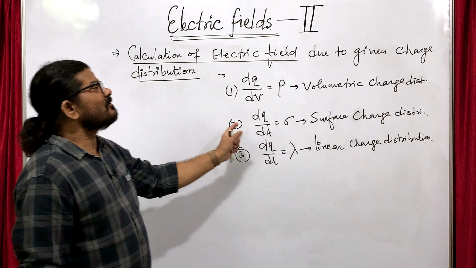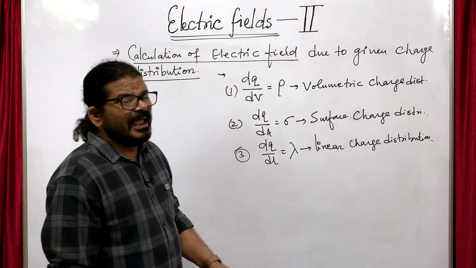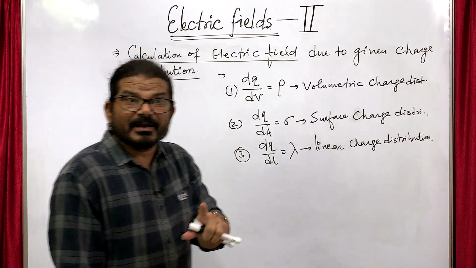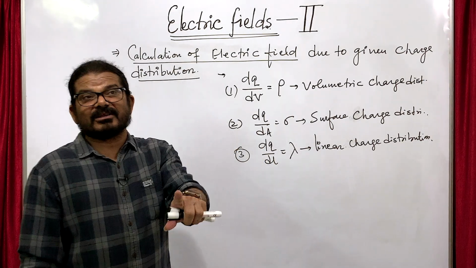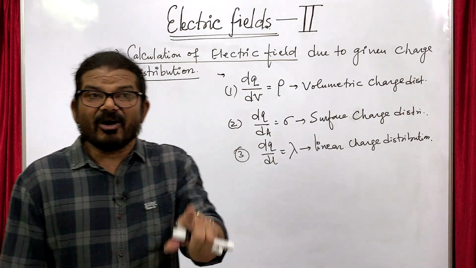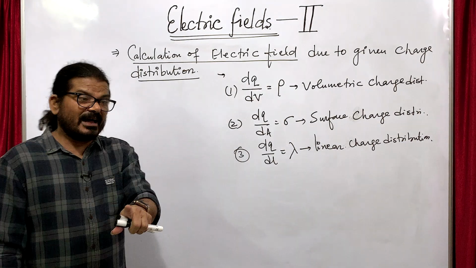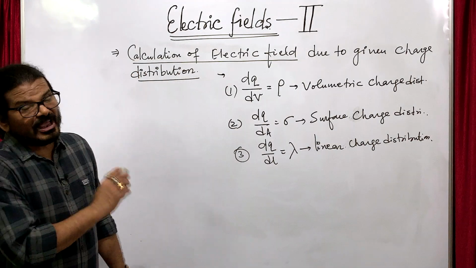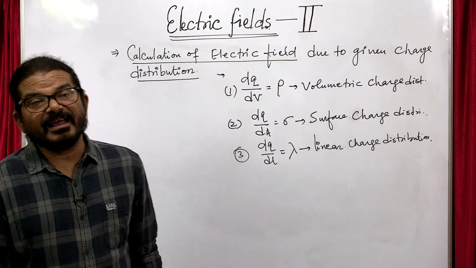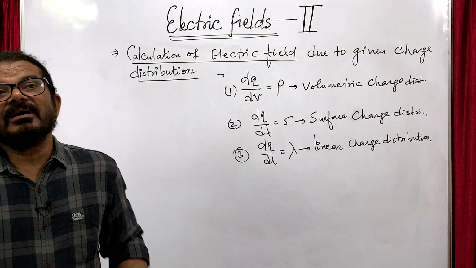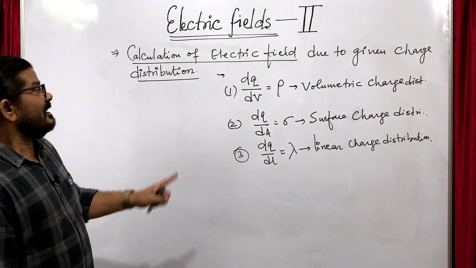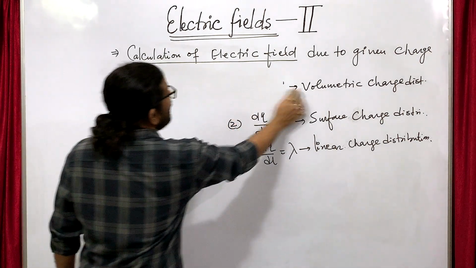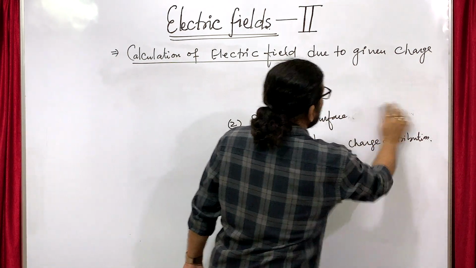One by one we will take the different distributions, and we will try to calculate the electric field at a particular point by using the theory which is true only for point charge, that is Coulomb's law. So the tools are available to estimate the electric field at a particular point due to a point charge, and now we are going to take an extended charged body or system of charge.